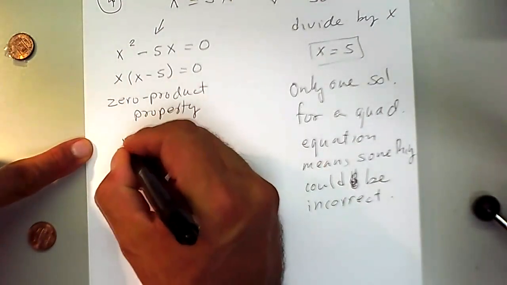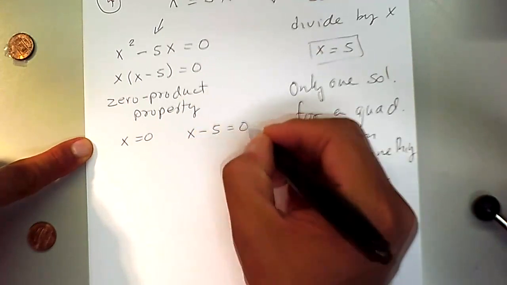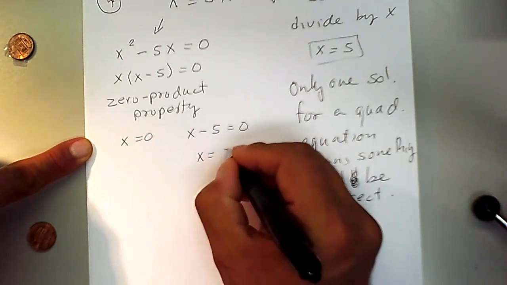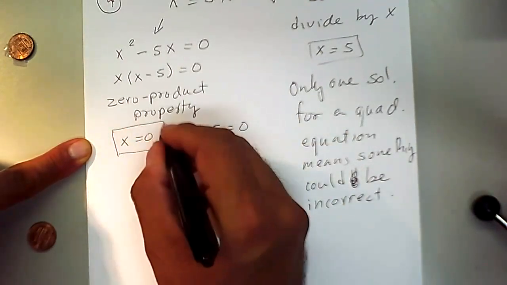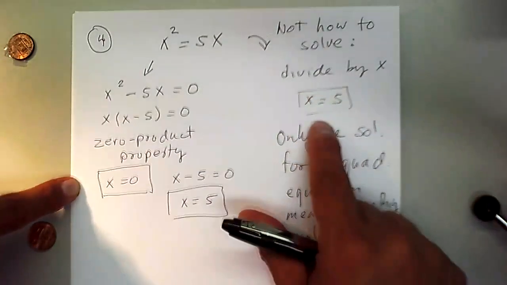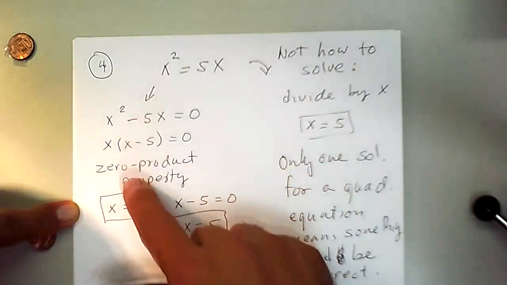So we have that x equals 0 or x minus 5 is equal to 0. So there's one solution, and of course we got x equals 5 as the second solution. So we have two solutions. Here, in this method, we only have one, and we're missing a solution. So this is one way to go about it.